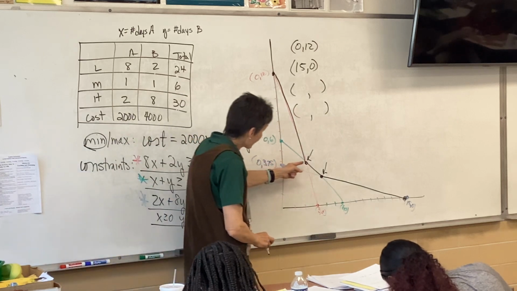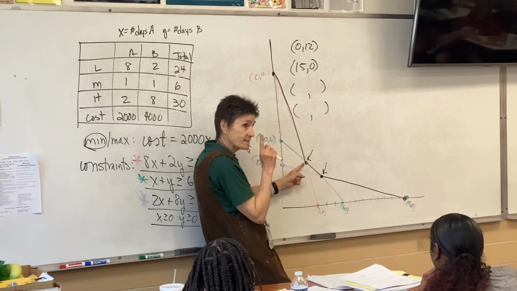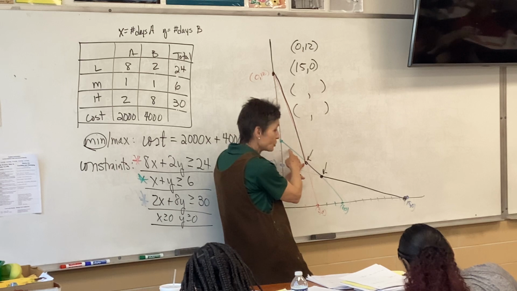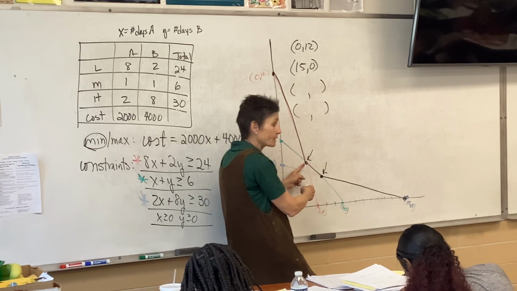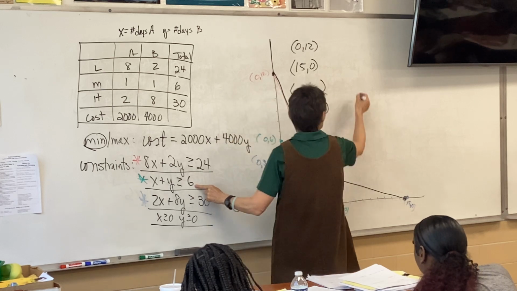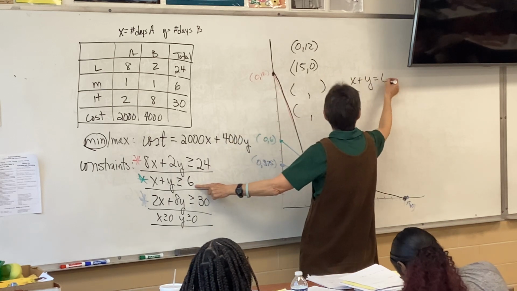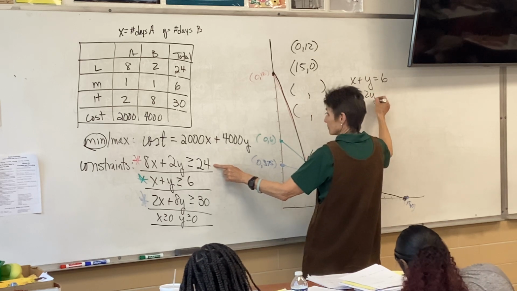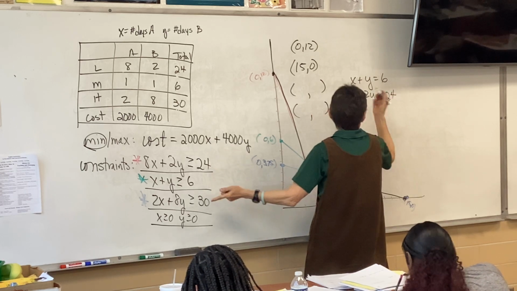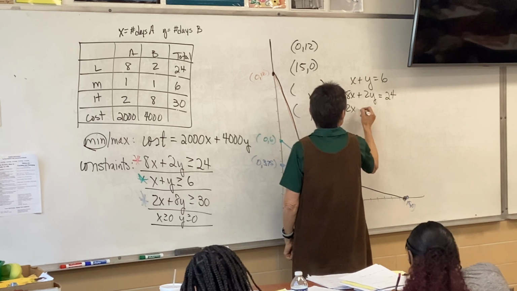Now, this guy right here, what is he? He is the intersection of green and red. So we'll just solve that system.